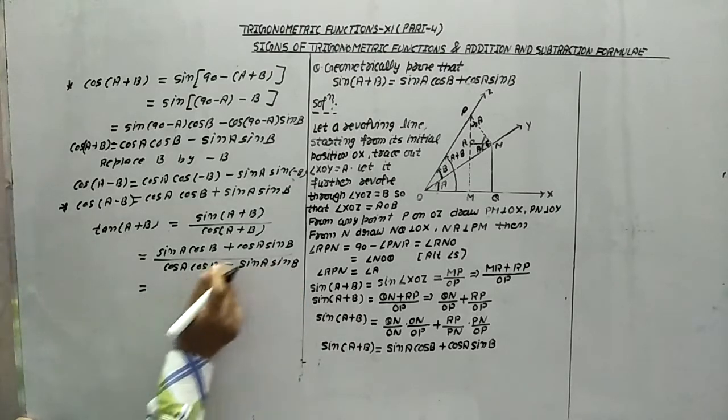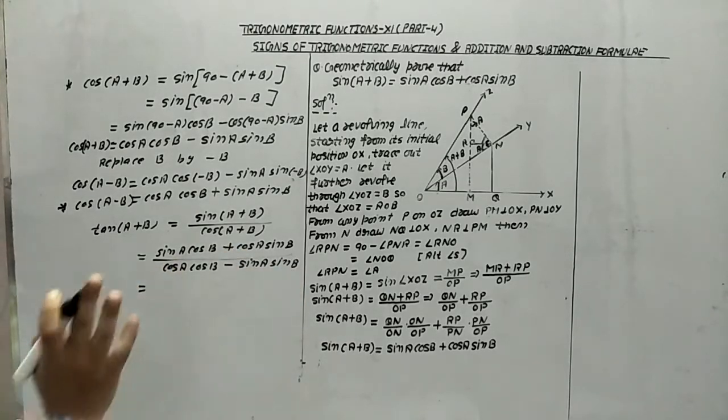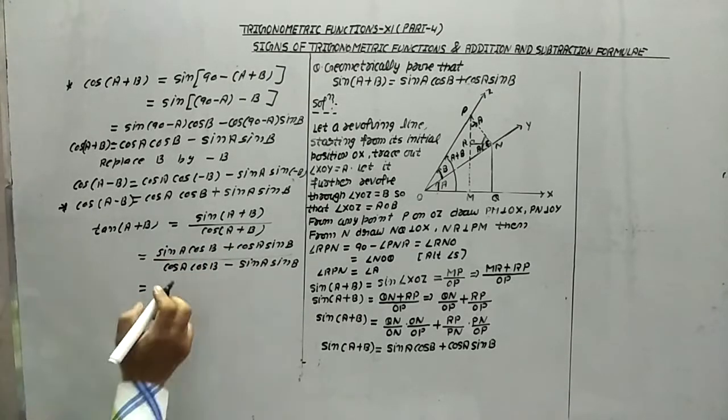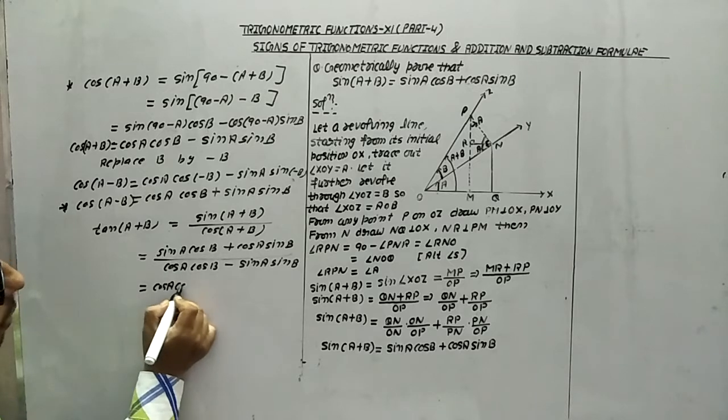From this part, we are going to do one important thing. We are going to take cos A cos B common.